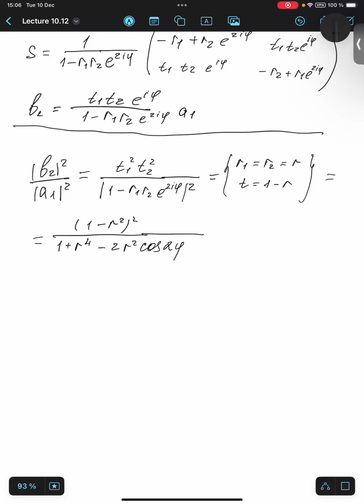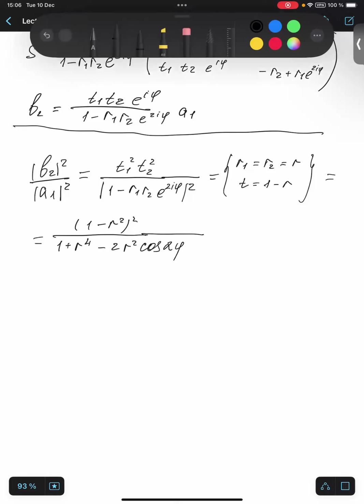And also we will subtract r squared, minus 2r squared and add 2r squared. And we see that we can combine this part.